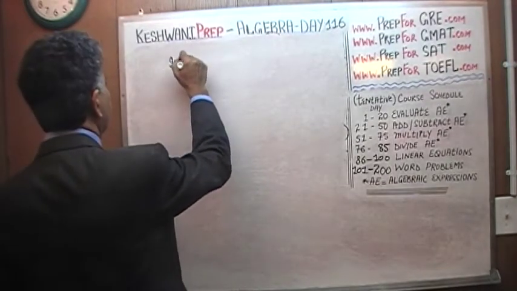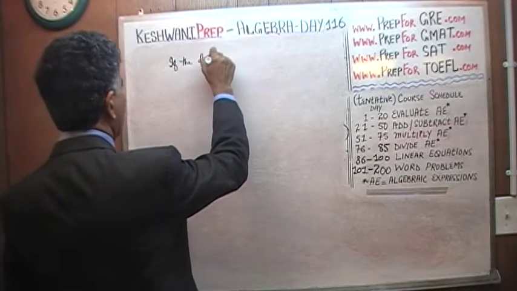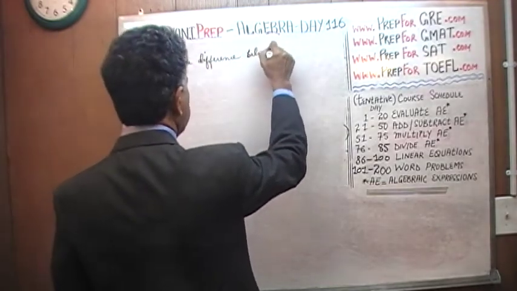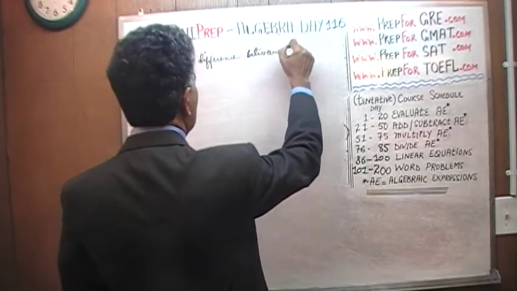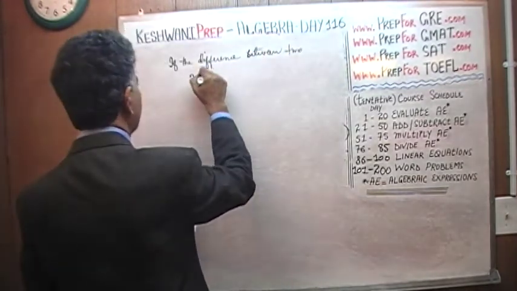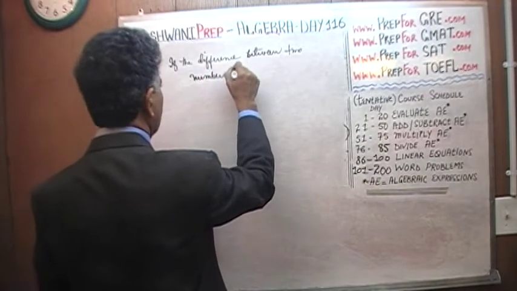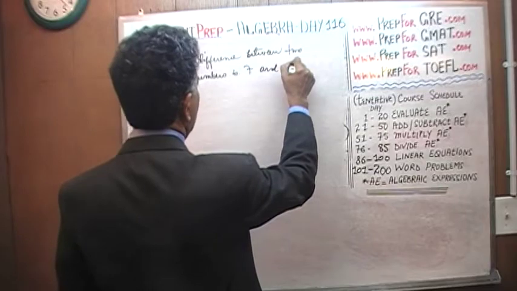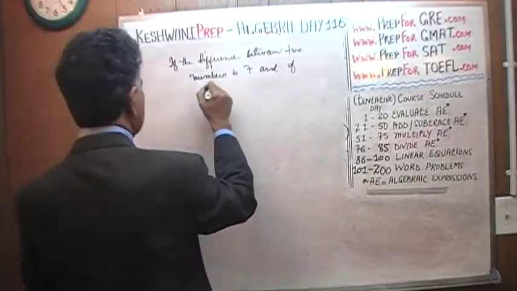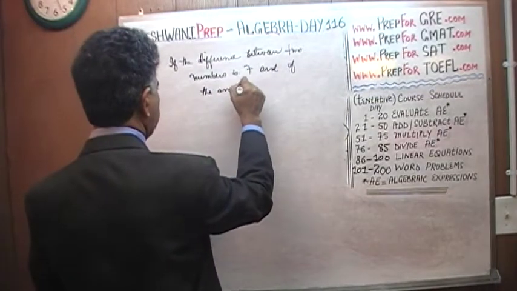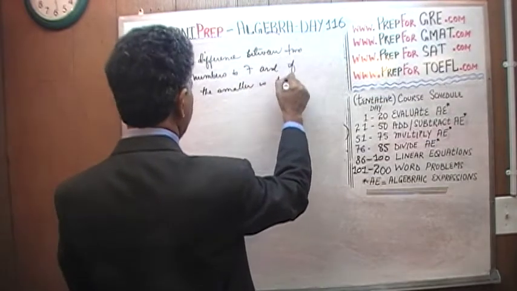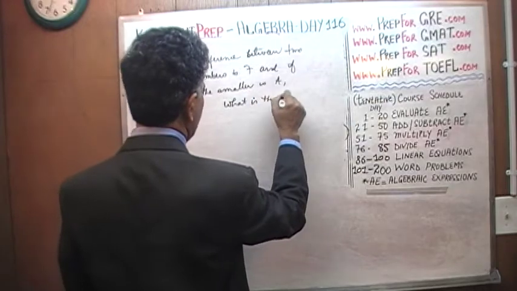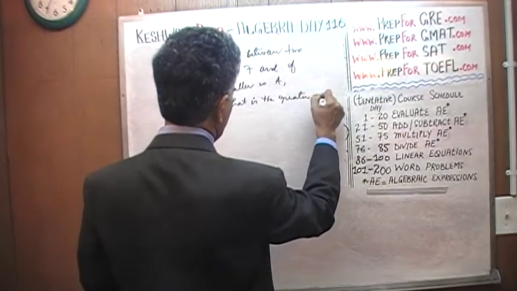If the difference between two numbers is 7, and if the smaller one is A, the question simply is, what is the greater one?